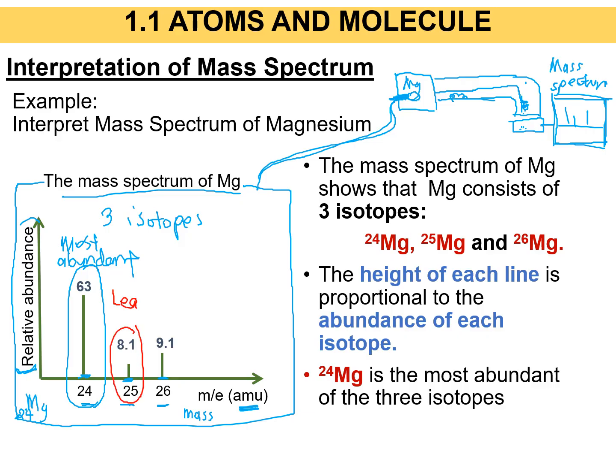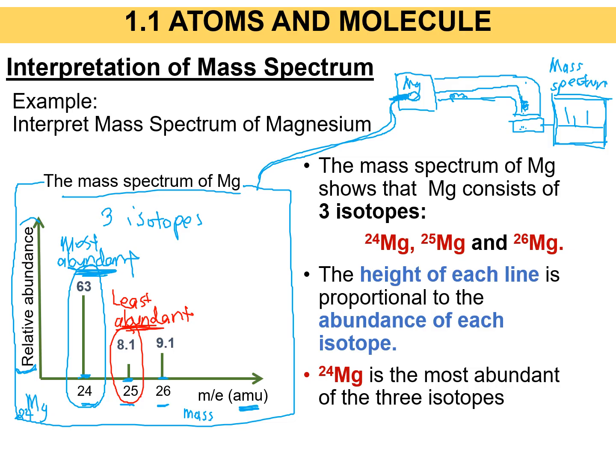Abundant means kebanyakan. So magnesium 24 is the most abundant, paling banyak, while magnesium 25 is the least, paling sikit.